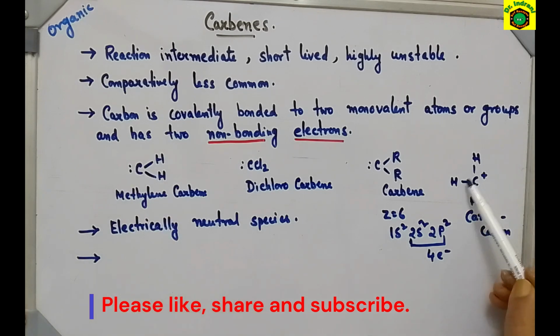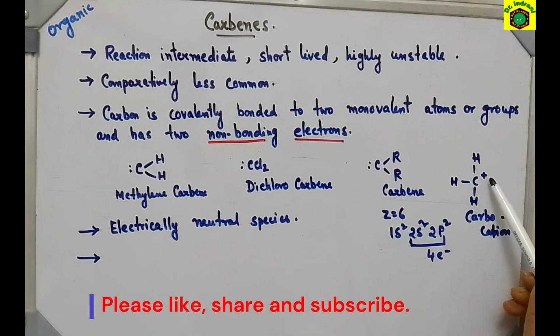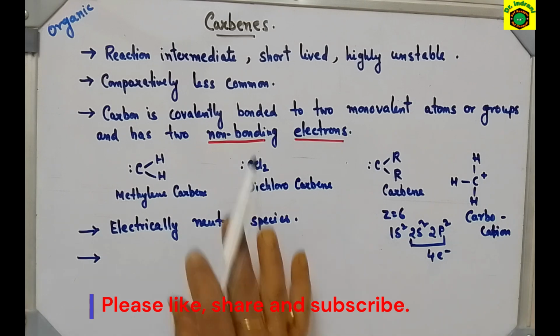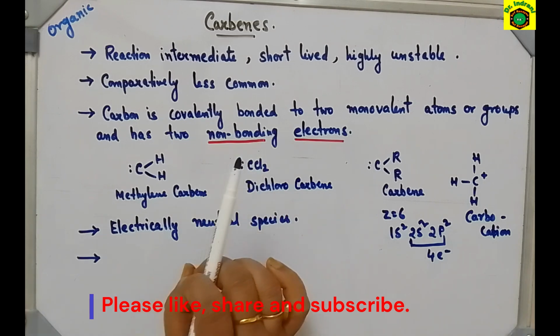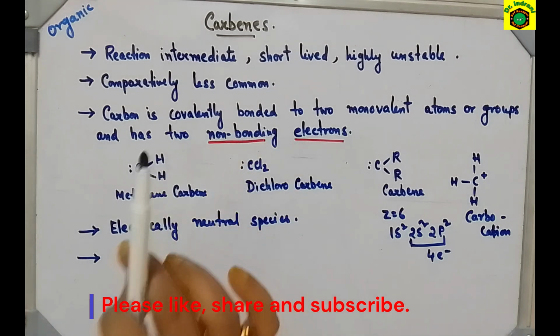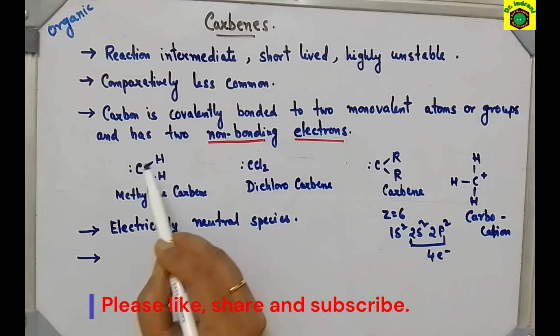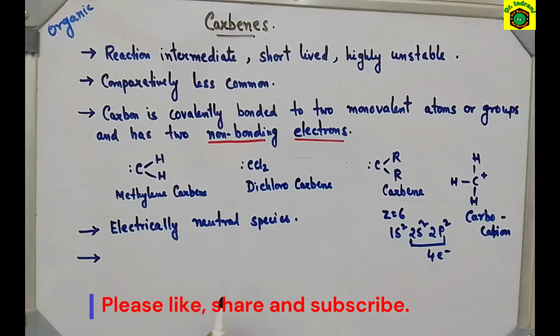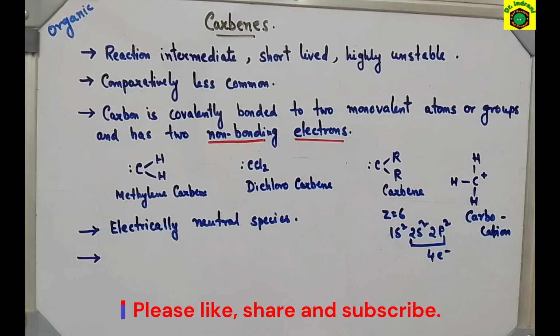Here also after sharing it has 6 electrons at the valence shell, but here it has a positive charge. Why? Because you consider only the valence shell of the carbon atom, not after sharing. The carbon atom has 4 electrons, but here at the valence shell it has 3 electrons. So 1 electron less, that's why 1 unit positive charge.